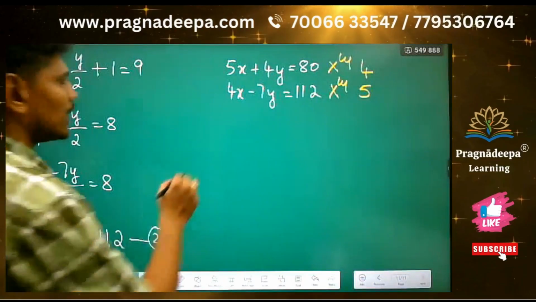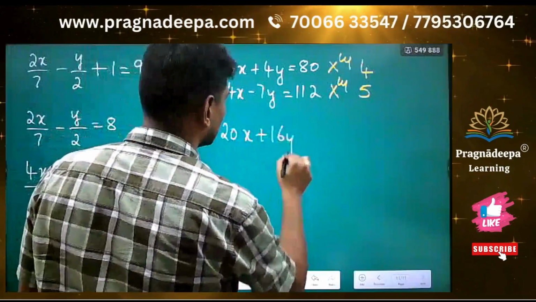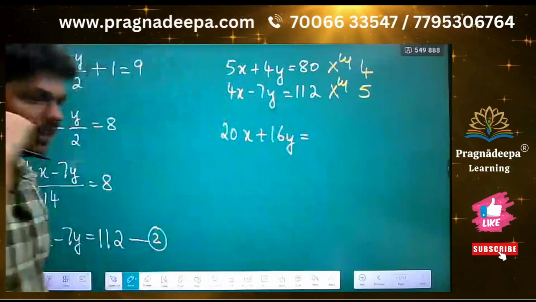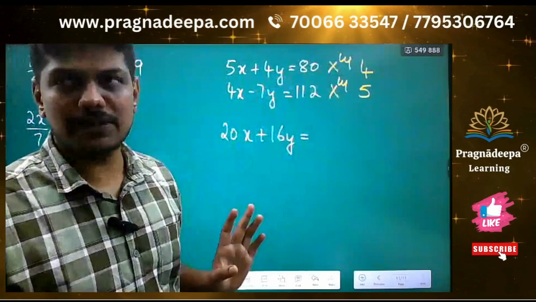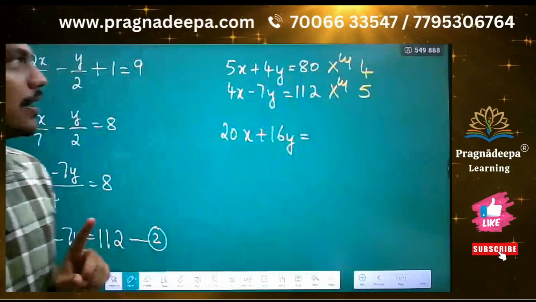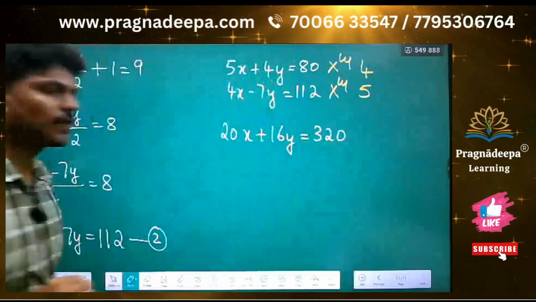So when you multiply by 4, what happens? 20x plus 16y is equal to, see, many times students miss multiplying the right-hand side. Be very careful. How much? 320. Correct?